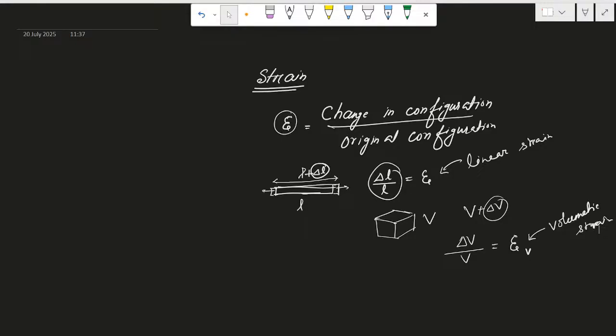Yes. Now here we'll see what we mean by shearing strain. That can be explained in this way.